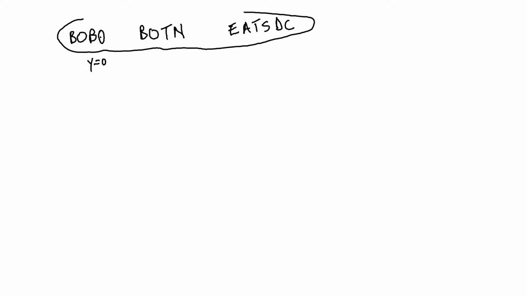There might be something called a slant asymptote, but we know for sure there is no horizontal asymptote. Another case is that the exponents are the same, so we divide the coefficients of our leading terms. If we remember these 3 cases with the acronym BOBO BOTN EDC, then we will always be able to find a horizontal asymptote.